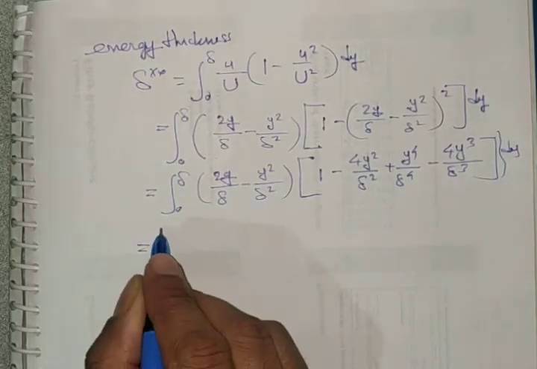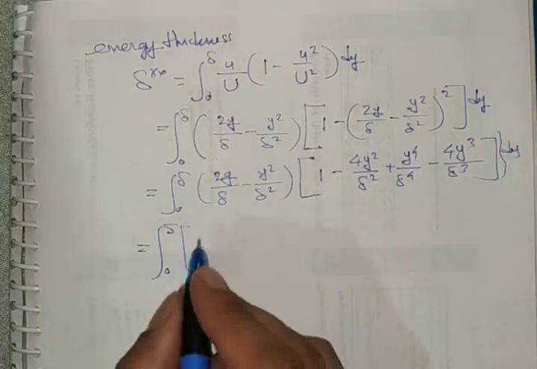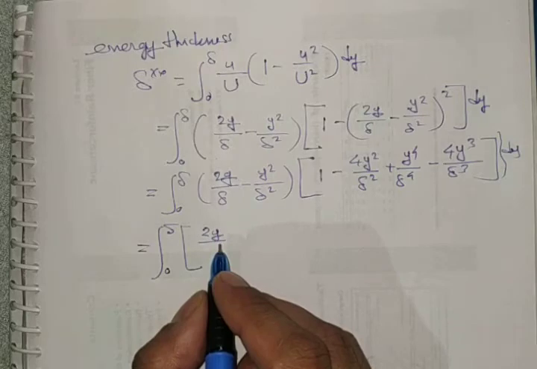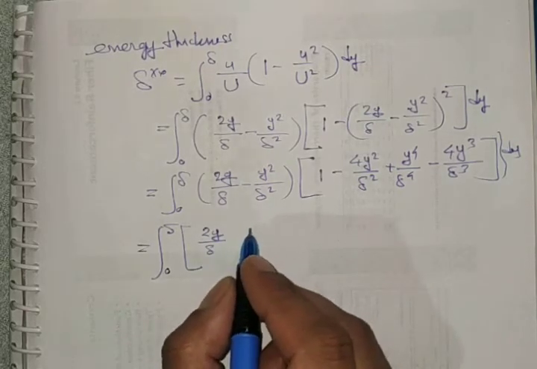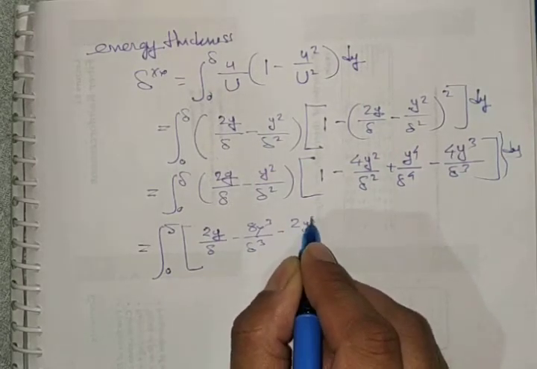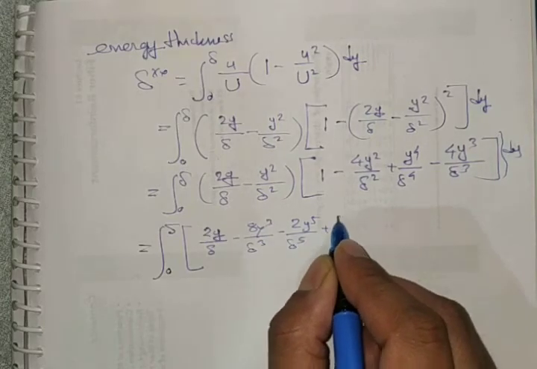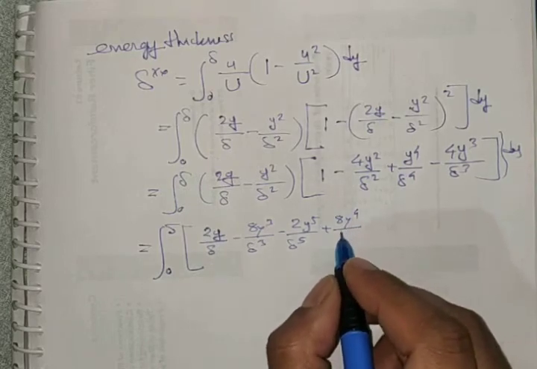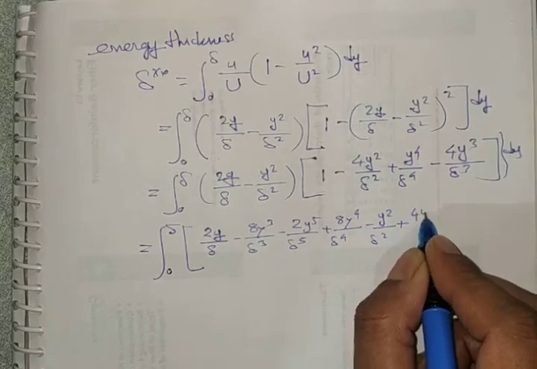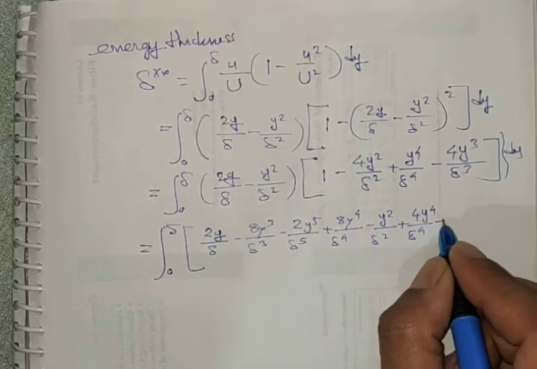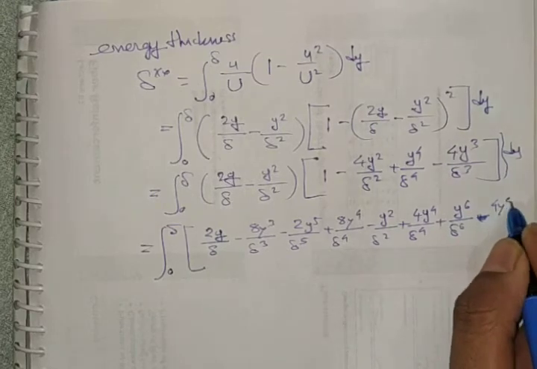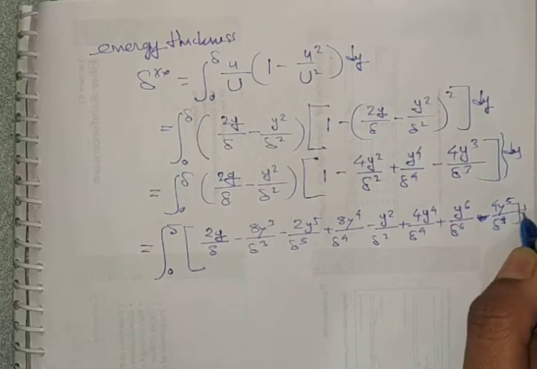And if you simplify this one, it will become 2 y by delta minus 8 y cube by delta cube minus 2 y to the power 5 by delta 5 plus 8 y to the power 4 by delta 4 minus y square by delta square plus 4 y to the power 4 by delta 4 plus y to the power 6 by delta 6 minus 4 y to the power 5 by delta 5, dy.